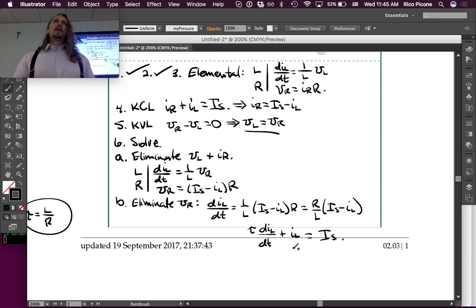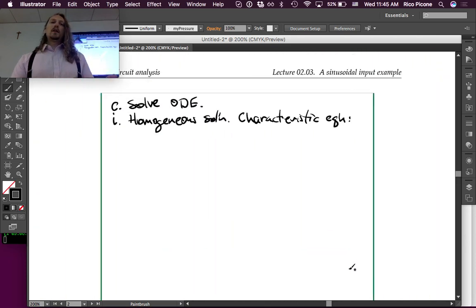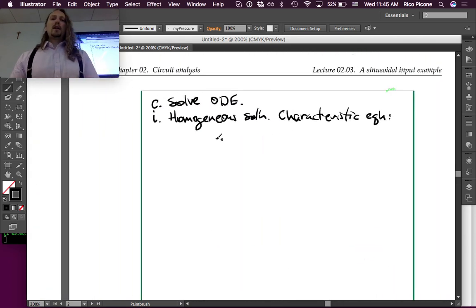There's no time derivative on this one, so just plus 1 equals 0. Always equals 0. So this is exactly the same characteristic equation. Tau lambda plus 1 equals 0. It turns out for a first order equation, it's always this.